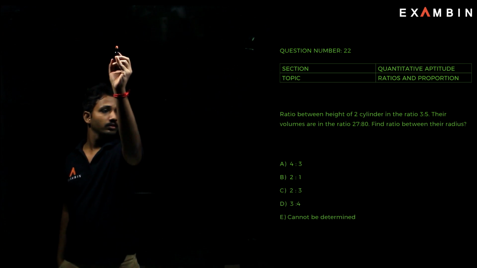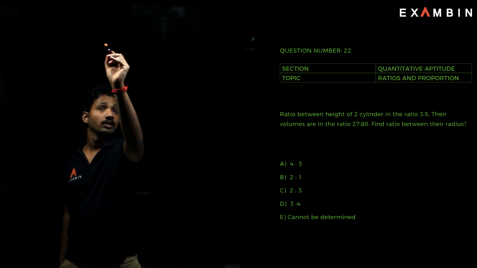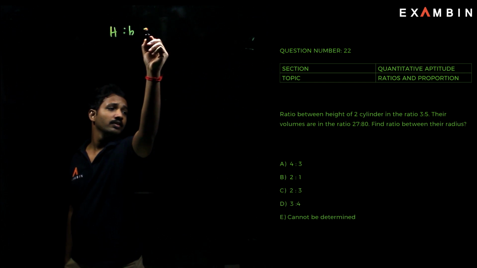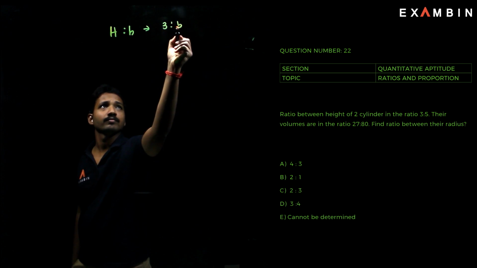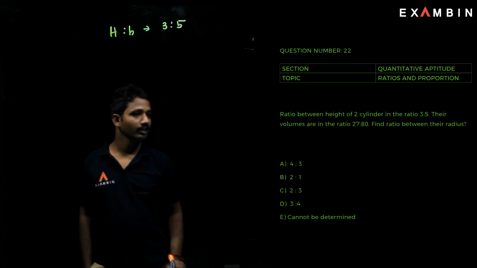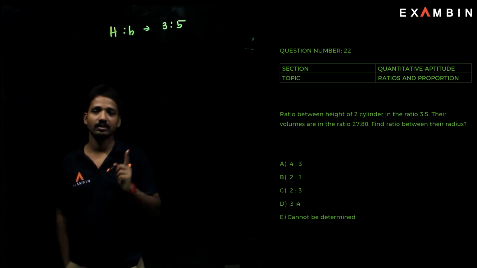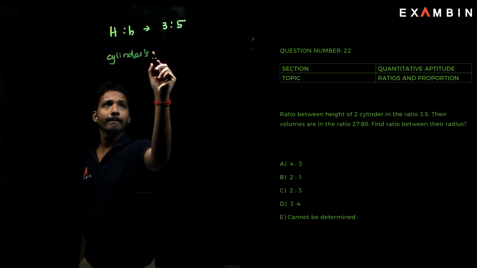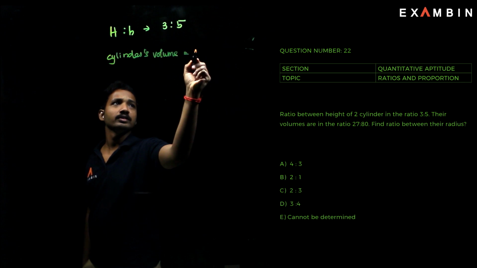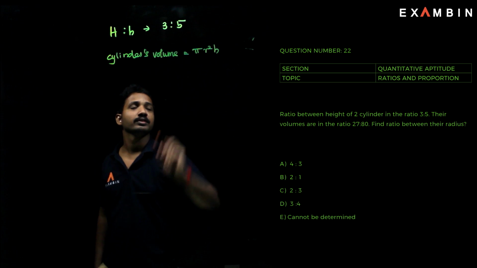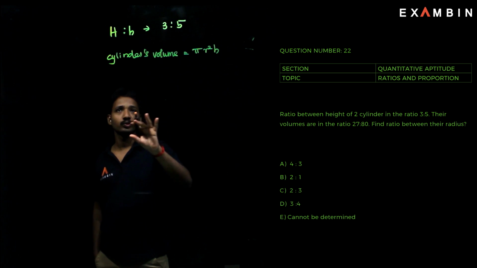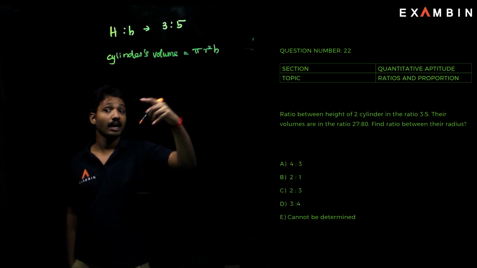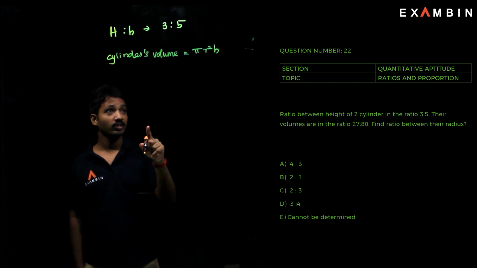So the ratio between the heights of two cylinders: I am taking the heights as capital H and small h, equal to 3:5. The cylinder's volume is equal to pi r square h. Here I am taking two cylinders, pi capital R square capital H and pi small r square small h.